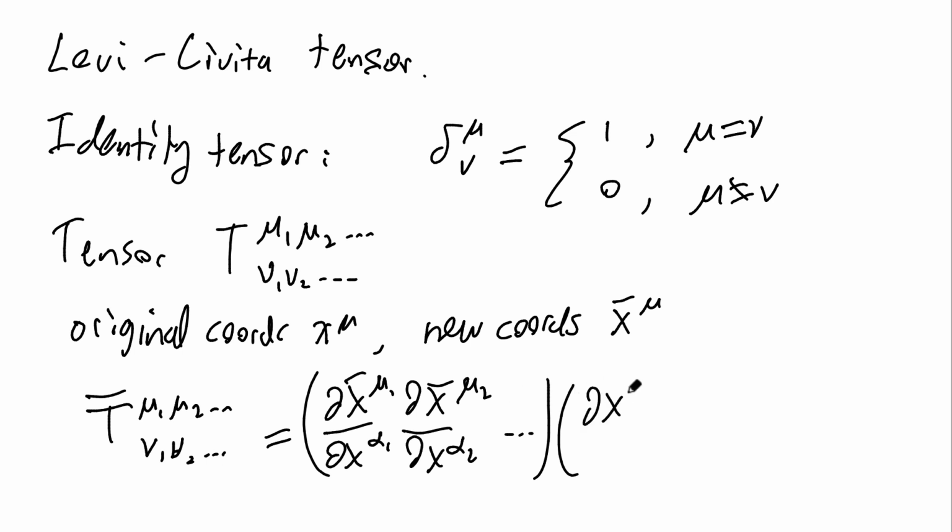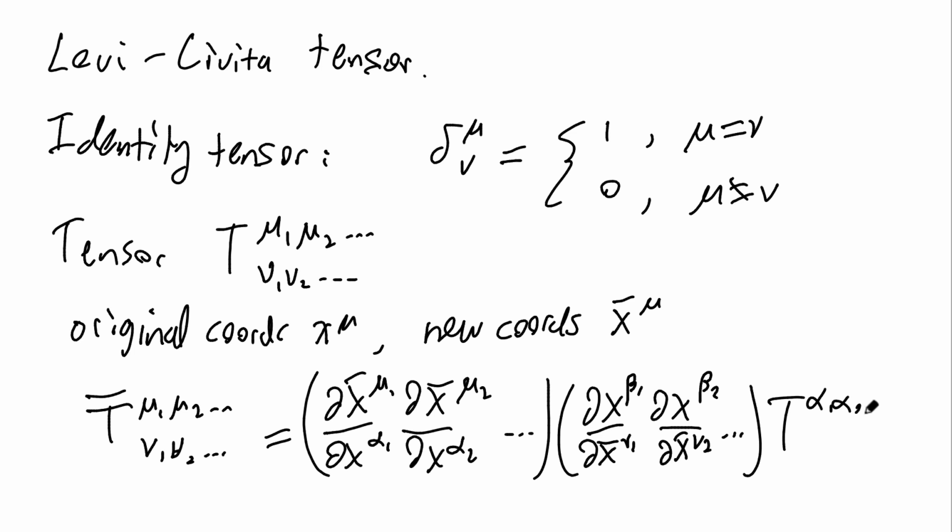This will be, for example, partial x beta 1 with respect to x bar nu 1, partial x beta 2 with respect to x bar nu 2, and so forth. All of this times T alpha 1, alpha 2, and so on, and lower beta 1, beta 2, and so forth. So this is the relationship between the components of the tensor in the unbarred coordinate system to the components of the tensor in the barred coordinate system.